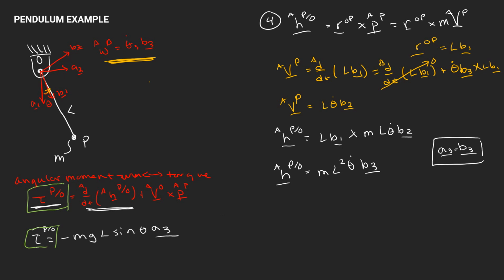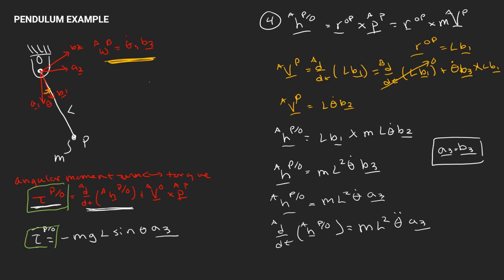So you can use this relationship and you can rewrite angular momentum as being m L squared theta dot A3. So to take the derivative in frame A, we simply get m L squared theta double dot A3. So either way, if you took the magic formula, you'd get this answer in terms of B3, or again, you can use this relationship here.